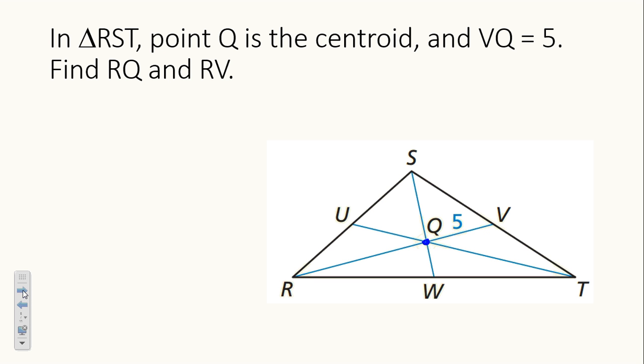So is RQ or QV the short segment or the long segment? Short. How do we get the long segment? Times it by 2. How do we get the whole thing? Add them up or take this times 3. Okay. Everybody good with those?